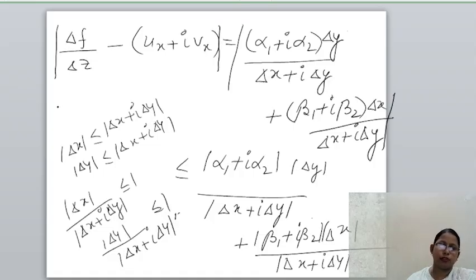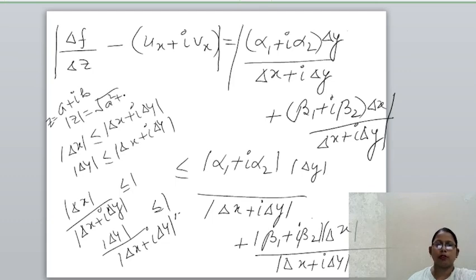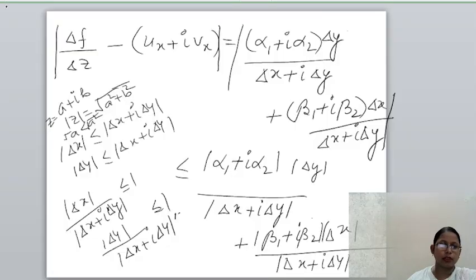This is from this. If my complex number is a + ib, then the modulus of z is the square root of a² + b², which is always greater than or equal to the square root of a², that is |a|. If you take some numbers, it will be clearly visible.